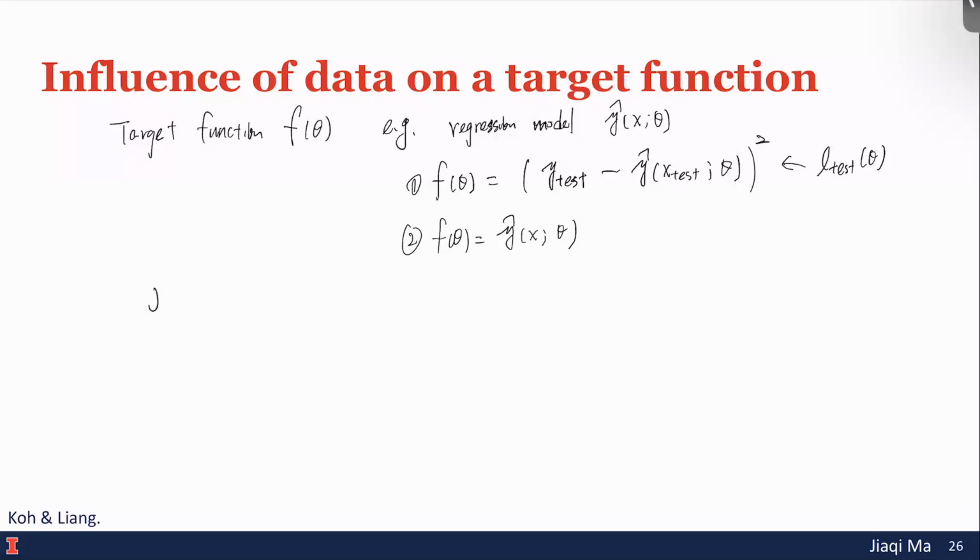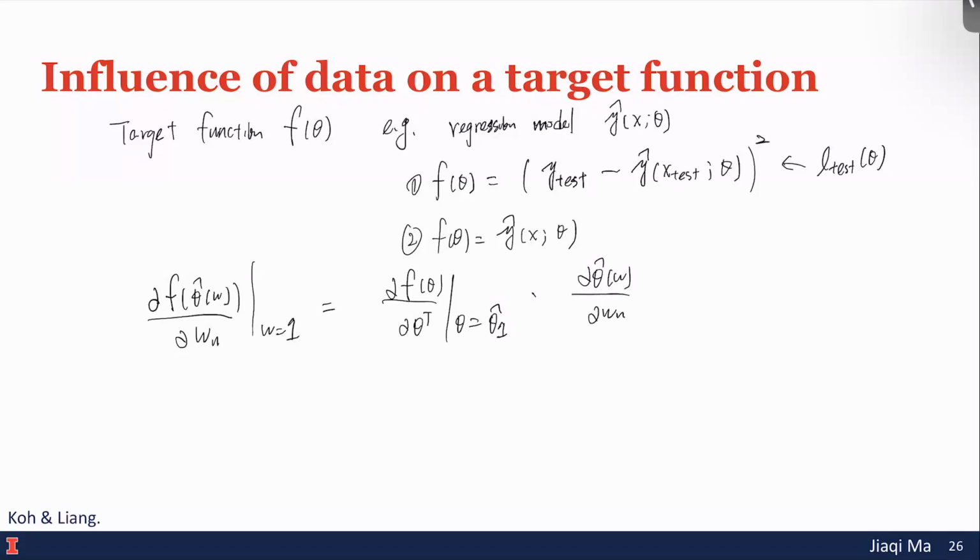So we're going to write partial f theta W partial, let's say just a single one, Wn, evaluated at W equals 1. And by a simple chain rule, this will be equal to partial f theta partial theta transpose evaluated at theta equals theta 1 hat times partial theta hat W partial Wn evaluated at W equals 1, right?